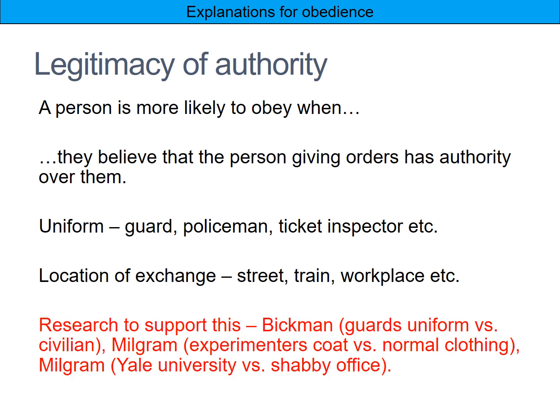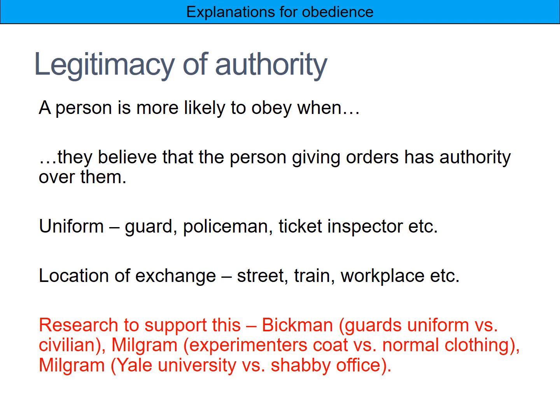Now, you've got a number of pieces of research to support this explanation. First of all, you have the Bickman study. The guards were more obeyed than the civilian, and this is because their uniform gave them legitimate authority. You've also got the Milgram study, using the experimenter's coat condition versus the normal clothing condition. When the researcher wore normal clothing in comparison to an experimenter's coat, the obedience rate was reduced.